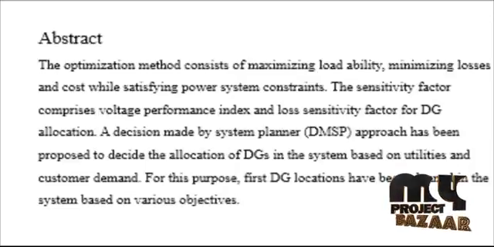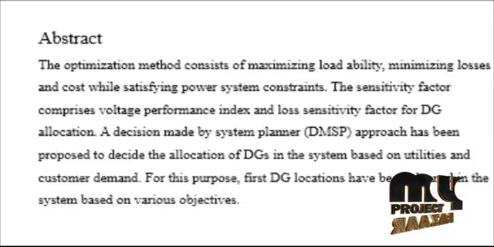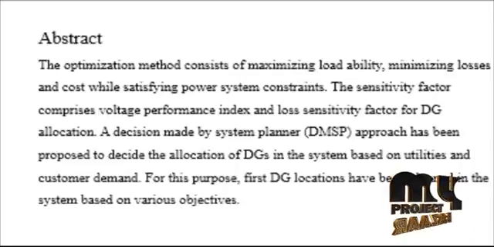DMSP and the analytic hierarchy process have been used to take decisions for getting the approximate location for DG placement in the system. A combined suitable option for DG allocations with equal weightage to the various objectives has also been studied in this work.